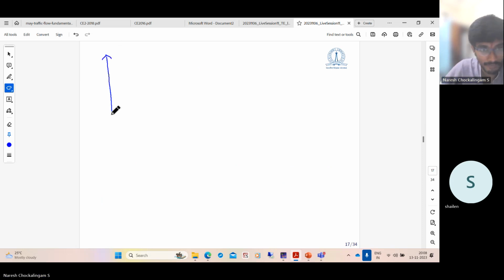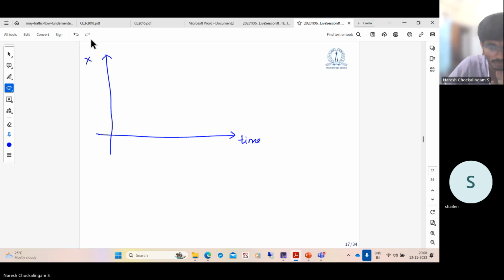Towards this, what is very useful is what we call a space-time diagram. So this is time, this is space, which is also the distance along the road. For an individual vehicle, if you take a given vehicle, it will start at some point in time. It will have an initial location, and then it will travel along the road at some velocity.